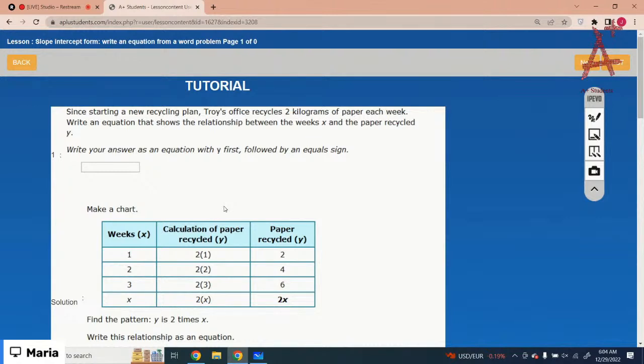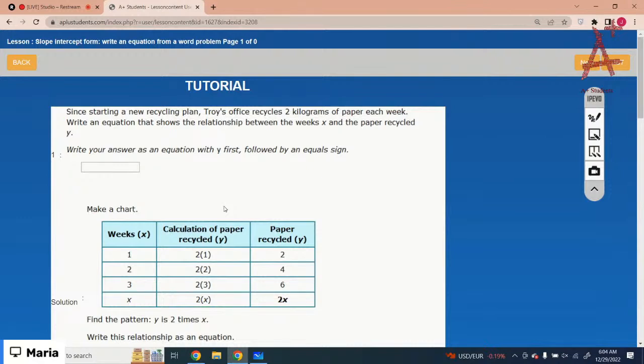So we have to write the equation for the given table. Got it? You have to understand the question, and then we have to write down the equation. So the table is we have week one, and every week it would be 2 kilograms for each week.